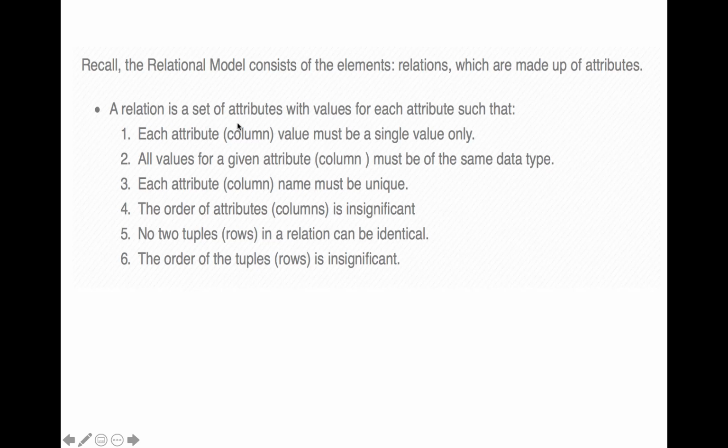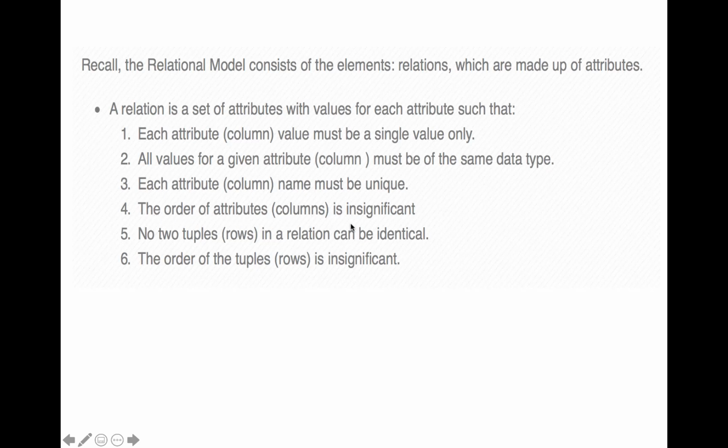The relation is a set of attributes with values for each attribute, such that each column value must be a single value only, not a double value. Each attribute is a single value. All values for a given column must be of the same type, so each attribute has a type. Each attribute should have a unique name in one relation.